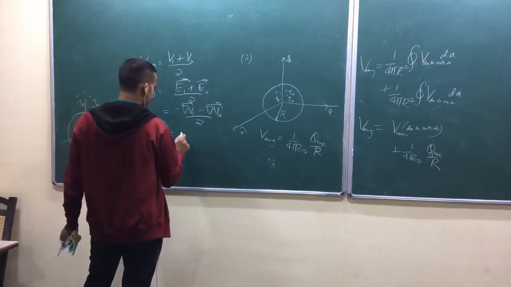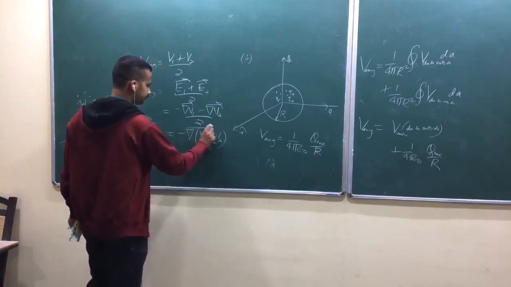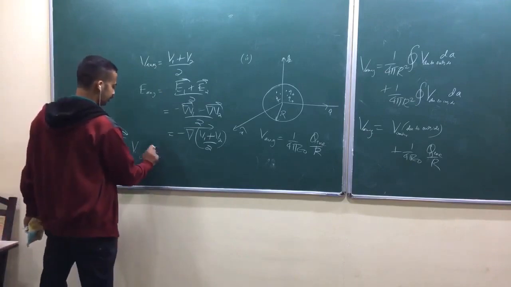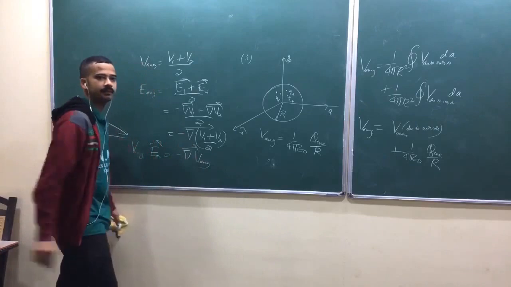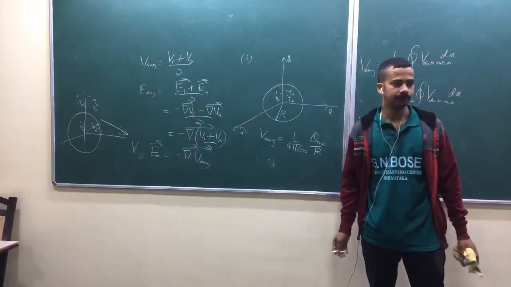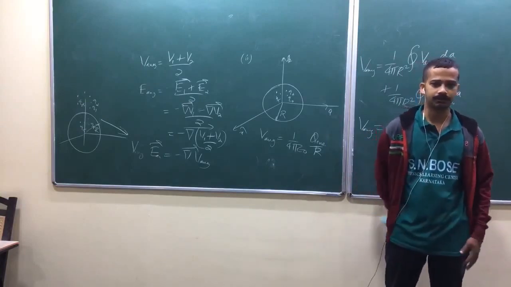This will be minus del of V1 plus V2 whole divided by 2. What is this one? E average is equal to minus del of V average, for an arbitrary one, not for this example. Again, I can generalize that one to any situation.